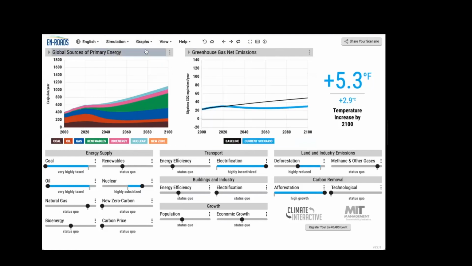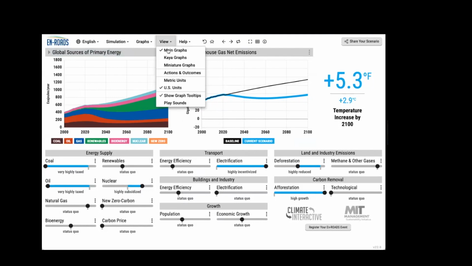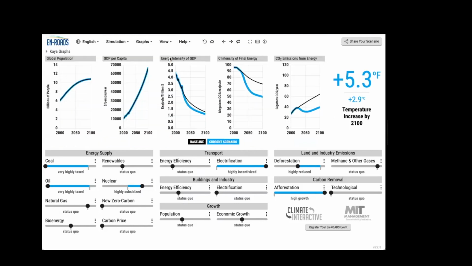So one other thing, maybe this helps people, is a high level view of what's going on with the model. These are called Kaya graphs. What the model does at a high level is it takes the global population, the GDP per capita, and the energy intensity, and this gives you what the GDP is. This is the energy intensity of the GDP.